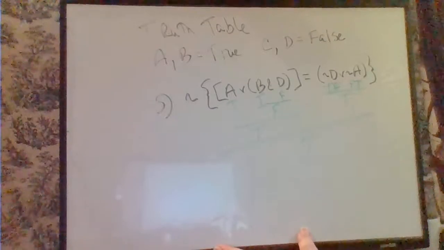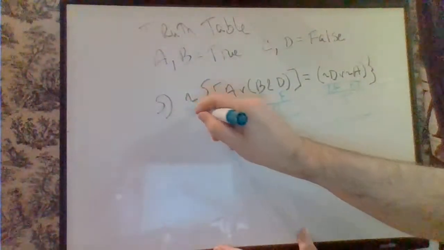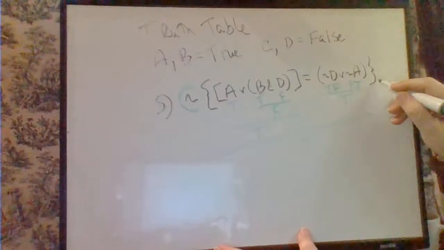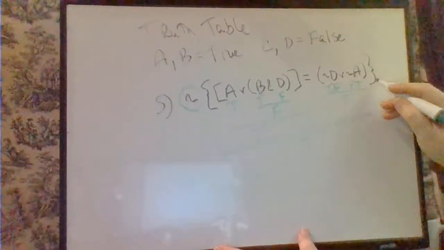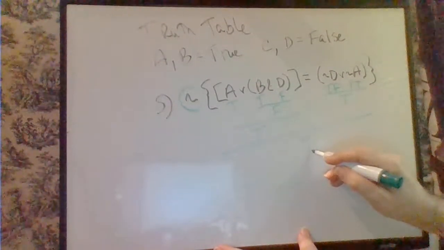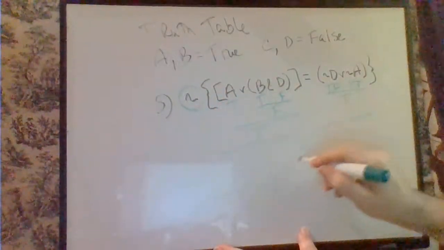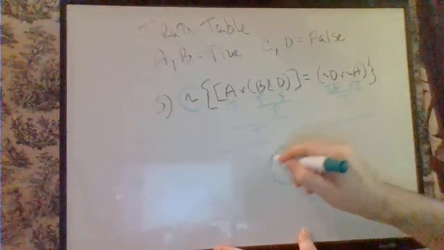But one last thing. There is a negation sign outside of the bracket, which means that the entire value of what you've just discovered right here as true has to be negated. So that true becomes false.